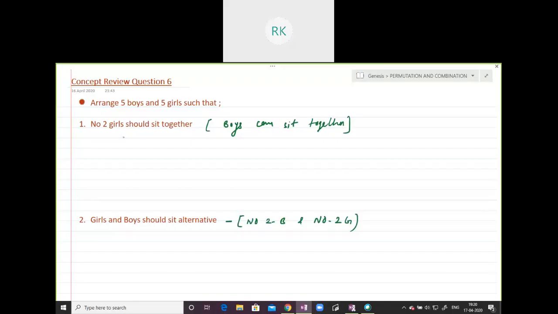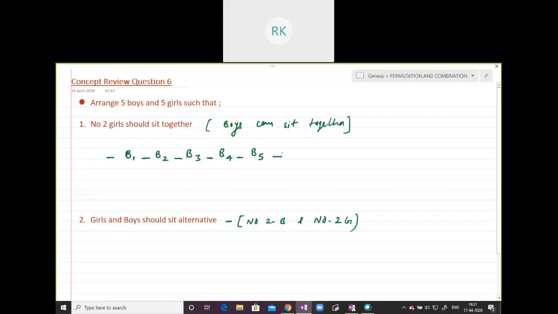First, I will arrange the boys because we do not have any condition for the boys. How many boys? Five boys. Let me arrange the boys first. So let's say B1, B2, B3, B4, and B5. Now, of course, girls can sit in these positions to maintain the condition.